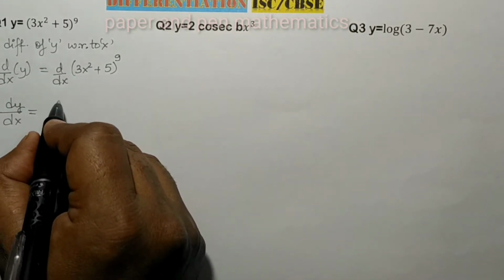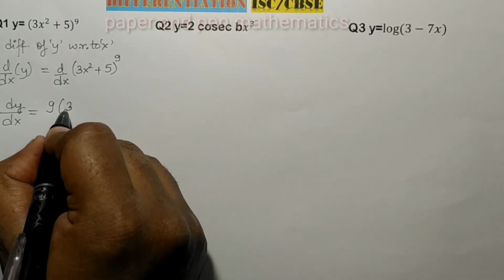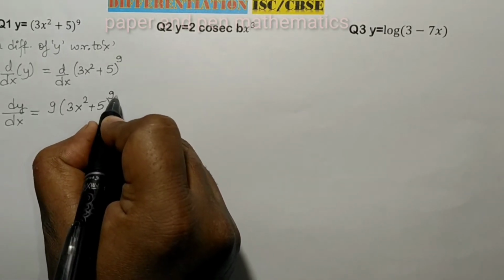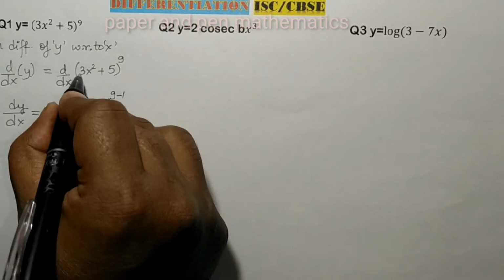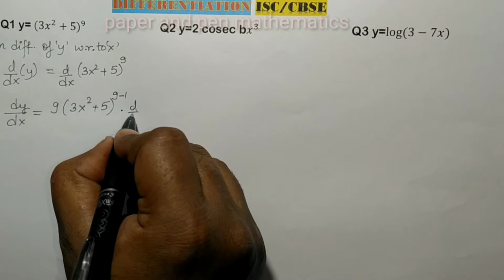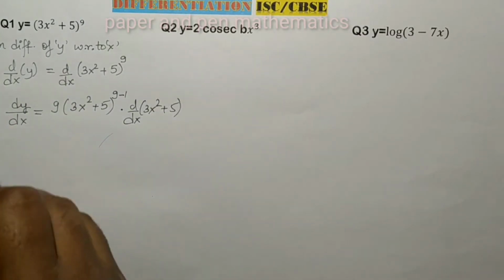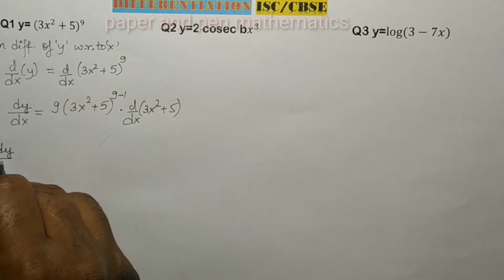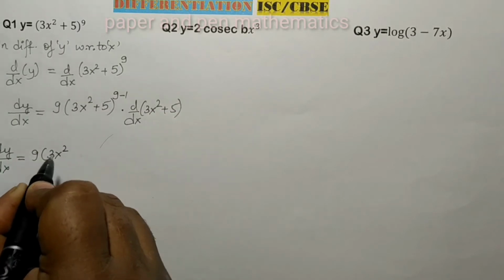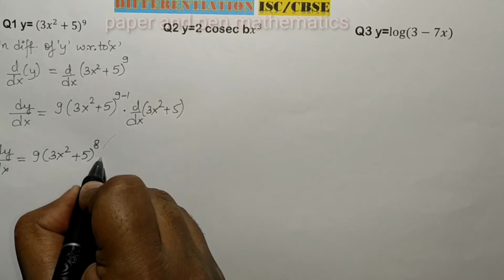So using that formula, it will be 9 times x raised to the power of 9 minus 1. Then since this was not x, we have assumed this to be x, so we have to do differentiation of 3x square plus 5 without power. So dy by dx is equal to 9 times 3x square plus 5 whole raised to the power of 8.